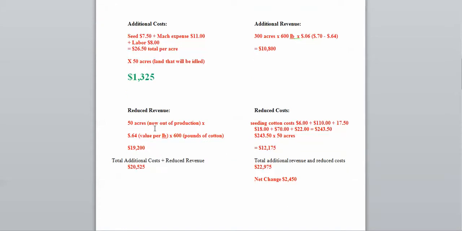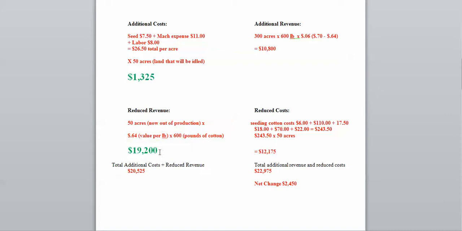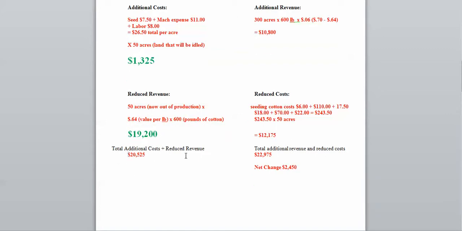So the 50 acres that are now out of production times 64 cents a pound price times 600 pounds of cotton, that's $19,200 we're giving up of total income. We would have had that $19,200 of income if we were not in the program. So we add the $1,325 plus $19,200. That gives us $20,525.